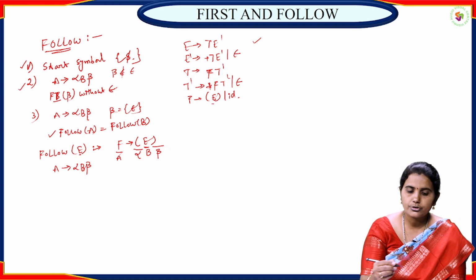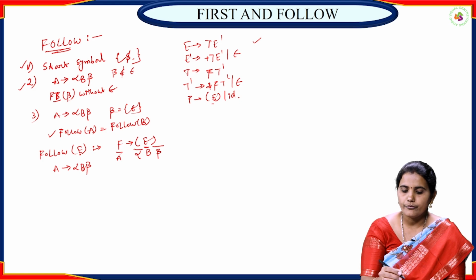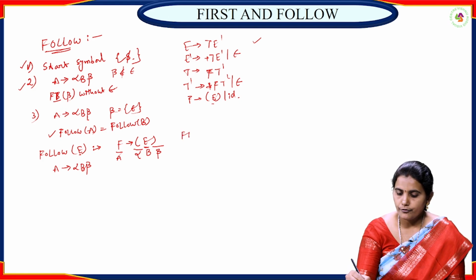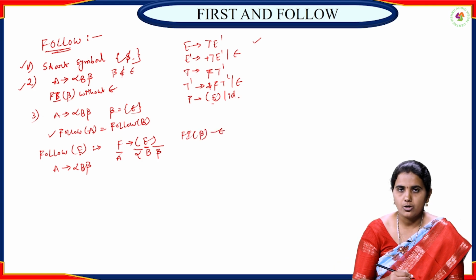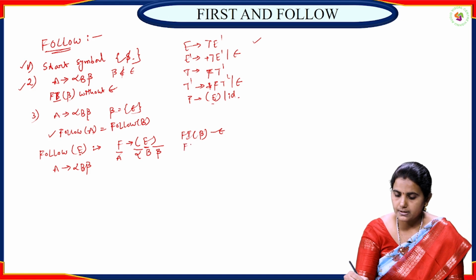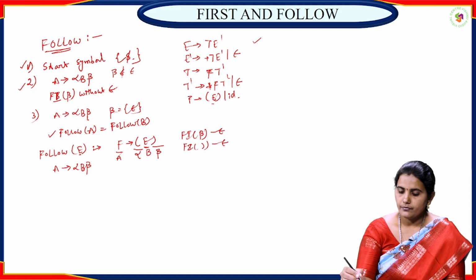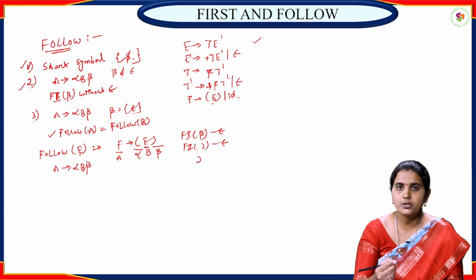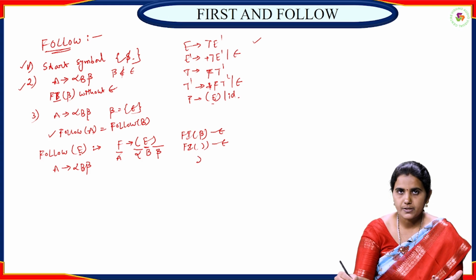Then you choose the second rule: first of beta without epsilon, first of beta minus epsilon. First of beta means first of close brace minus epsilon. Then first of a terminal is the terminal itself, the close brace. Here epsilon is not present, so your output is close brace.